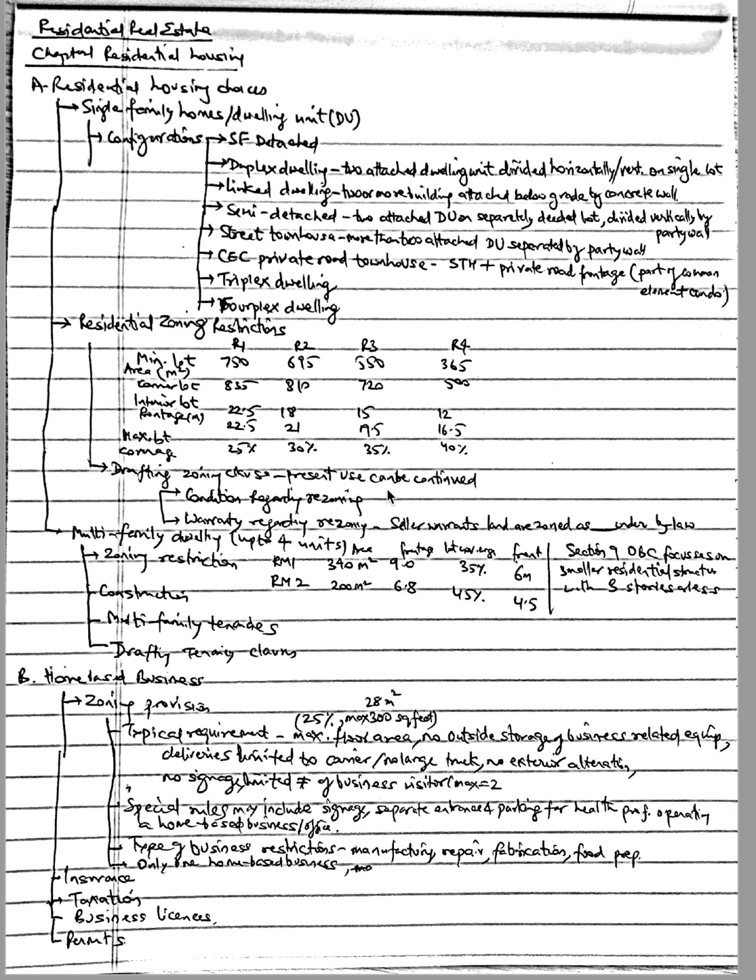A triplex dwelling is a building that is divided either vertically or horizontally into three dwelling units. A fourplex dwelling is a building that is divided either horizontally or vertically into four separate dwelling units.